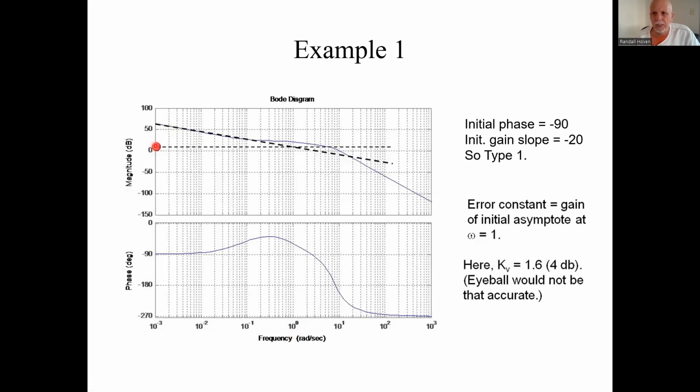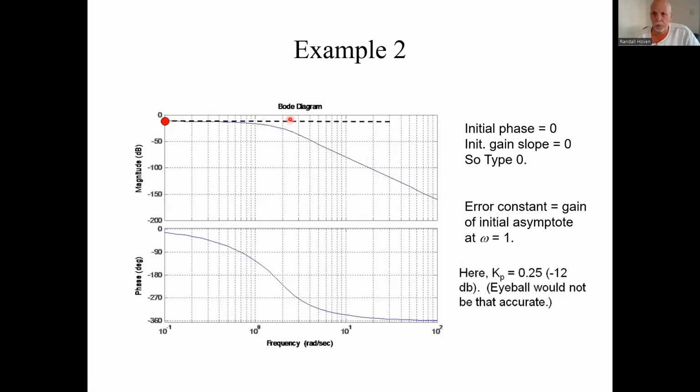Kind of hard to tell exactly where it is because the increments are so large. But it's going to be, I don't know, 10-ish dB maybe. Actually 4 dB. Then you'd have to undo the dB, divide by 20 and raise to the power of 10. Undo the log. So the real KV would be 1.6. Again, you couldn't quite do it that accurately by eyeball. You can't tell if that's 4 dB. That's the idea.